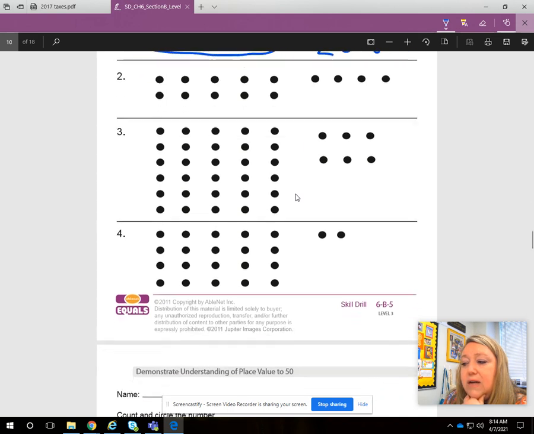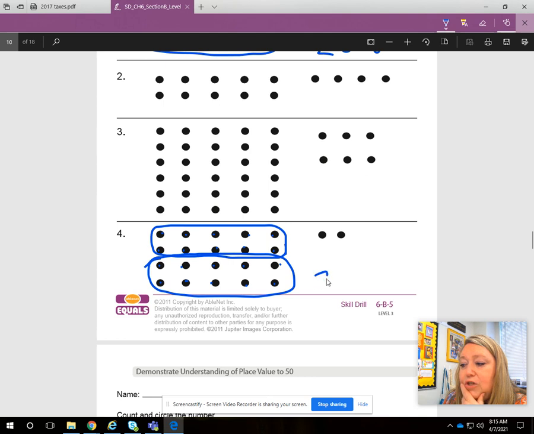Let's look down here at the bottom, number 4. We have 1, 2, 3, 4, 5, 6, 7, 8, 9, 10. So there's one set of 10. And 1, 2, 3, 4, 5, 6, 7, 8, 9, 10. Here's our second set of 10. Okay.